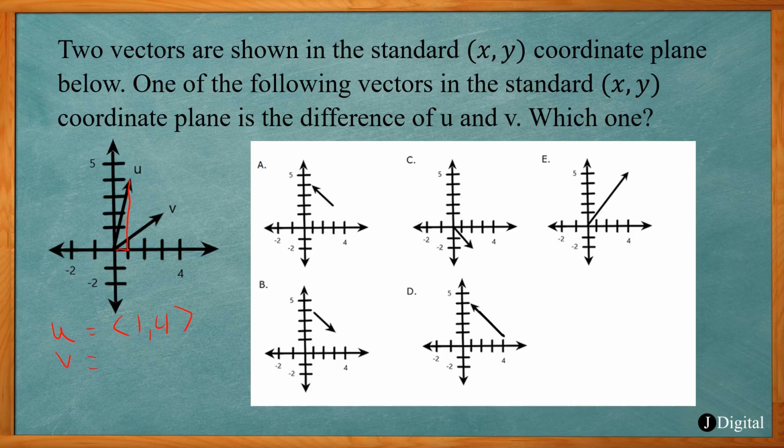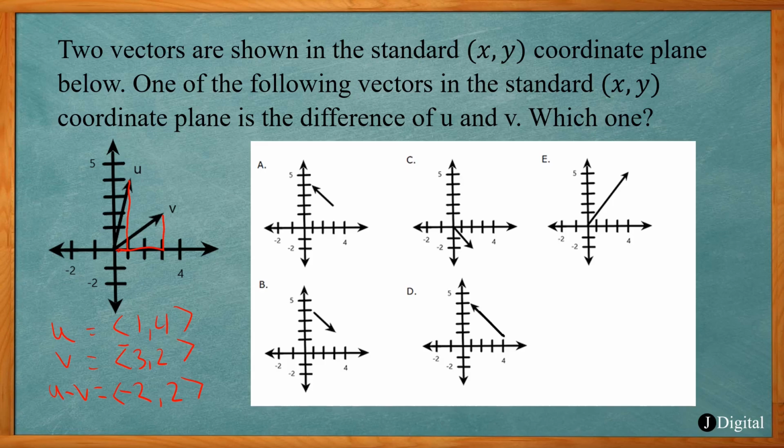Vector v, you see it's 3 over and 2 up. The difference is u minus v. So we get 1 minus 3 is negative 2, and 4 minus 2 is 2. So the result is negative 2, 2.